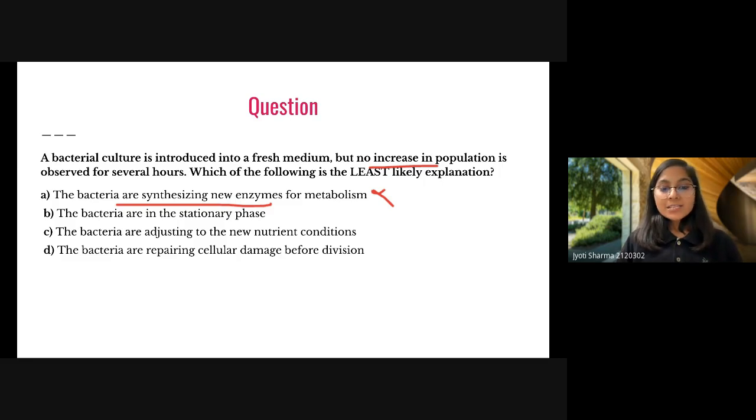Then bacteria are adjusting to the new environmental condition. This is again a likely explanation, but the question asks for the least likely. And bacteria are repairing cellular damage before division. This is again a likely explanation, but not the least. So the remaining one is the stationary phase, because whenever we have a bacterial culture in a fresh medium, it will come under the lag phase, not the stationary phase. So that's why B will be the right answer for this. Is it?